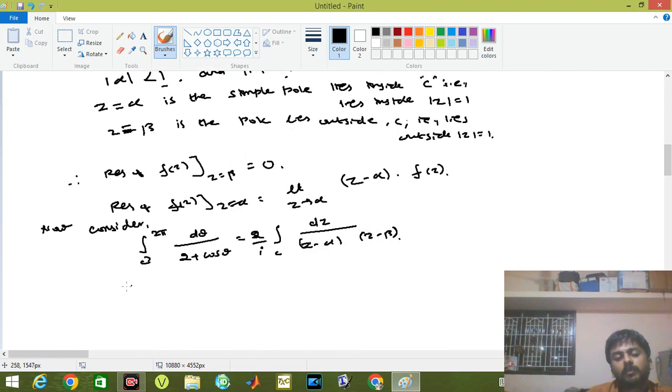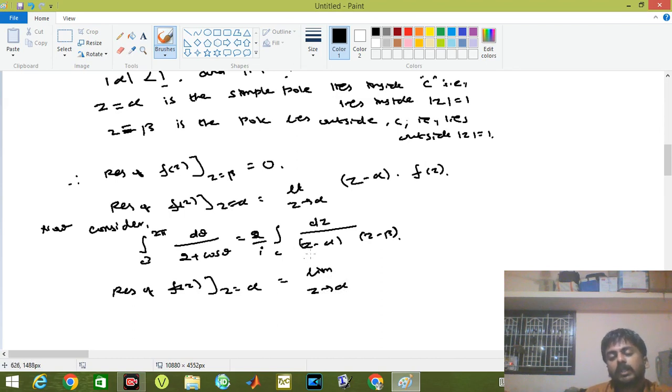So residue of f of z at z equal to alpha is given by limit z tends to alpha.